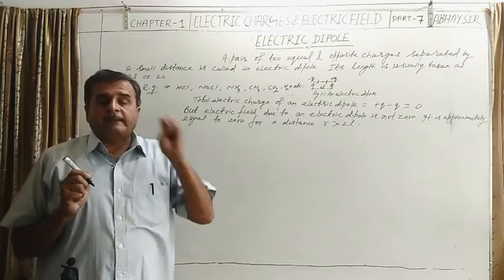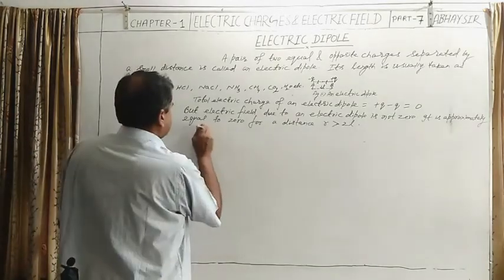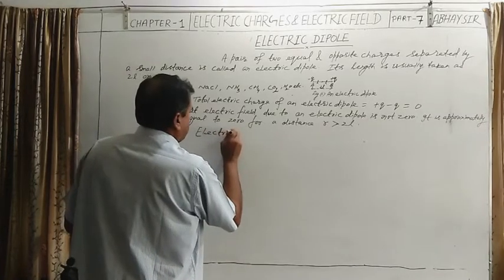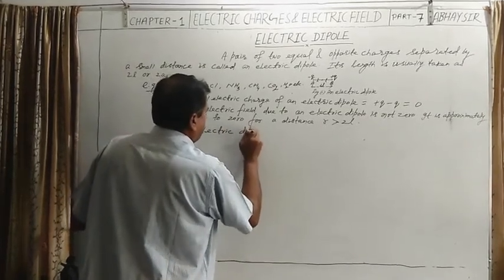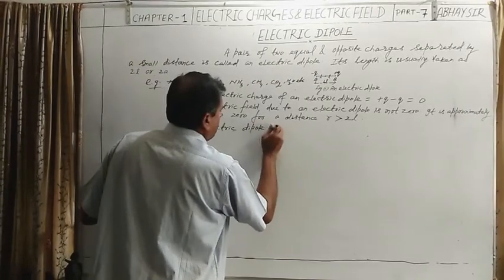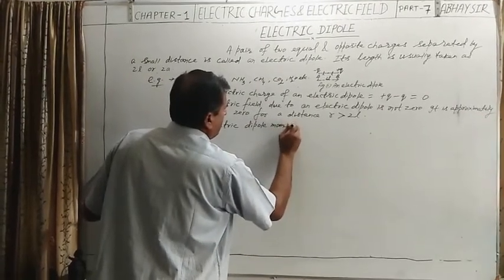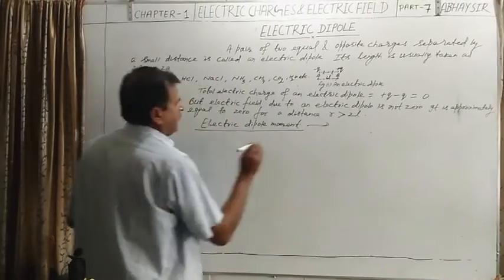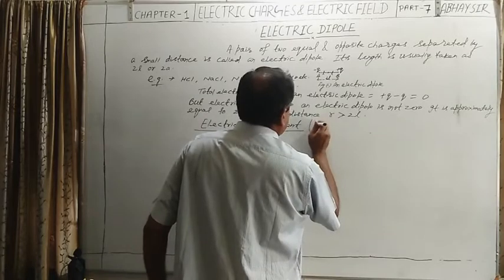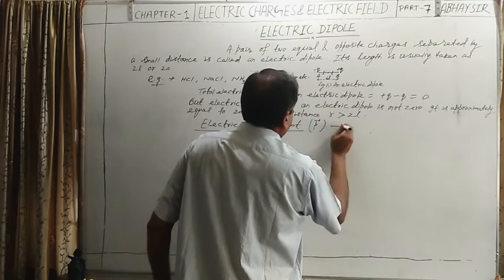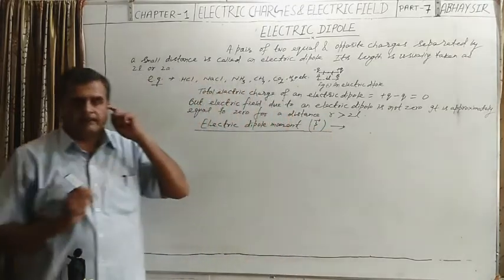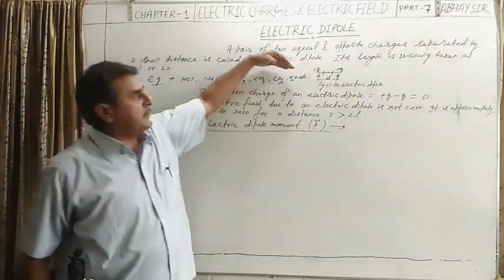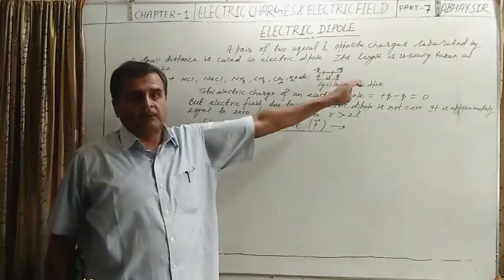Now a term related to electric dipole is electric dipole moment. Its symbol is P, vector. Electric dipole moment is a vector quantity which is directed along the axis of the dipole, that is from minus q to plus q.